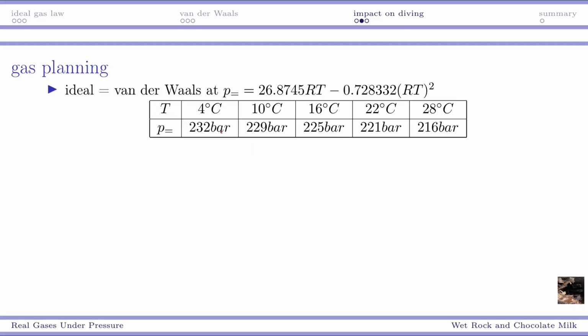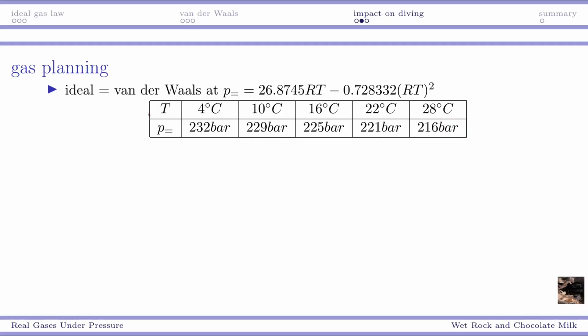But if we look at the range at 4 degrees Celsius, it's 232 bar. Funny number. At 10 degrees, it's 229, 16, 225, 22, 221 bar, and at 28, 216. Sure, we can be diving at a little bit higher than 28 degrees Celsius, but once we jump into the water, I doubt that we're going to have much more than 28 degrees Celsius.